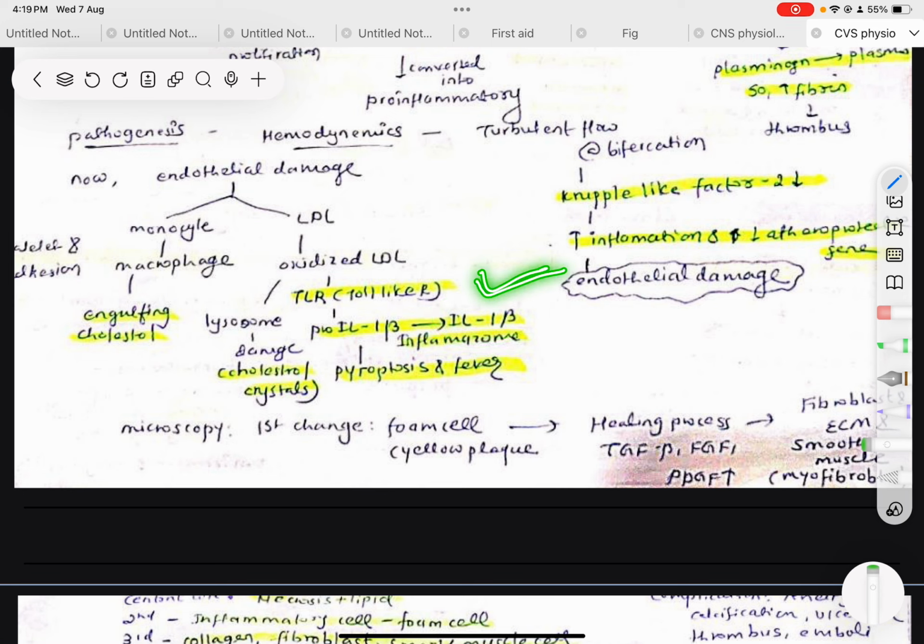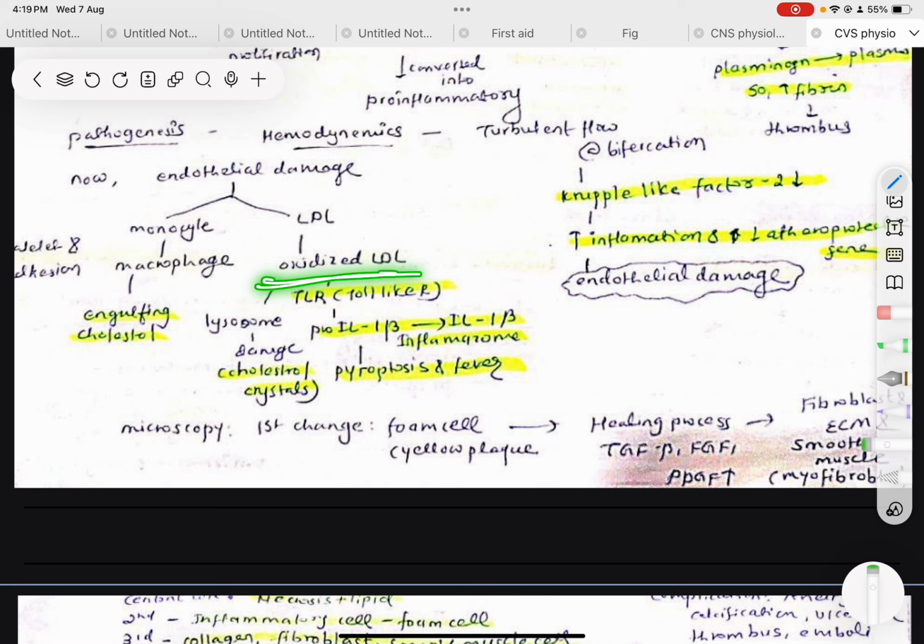So this is which type of apoptosis? This is pyroptosis. In pyroptosis we know that this inflammasome will cause activation of interleukin 1.